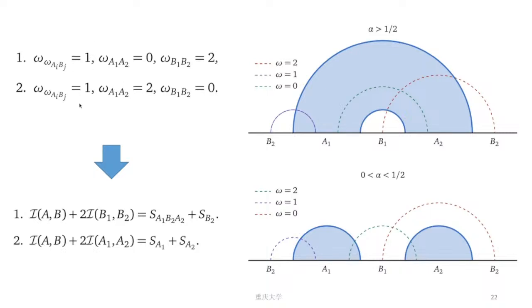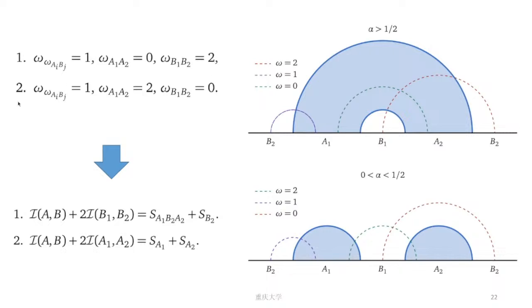So you take them to be 1. And the A1, A2 and B1, B2 threads have a minimum weight of 0. But you cannot find a homologous surface that gives omega A1, A2 and omega B1, B2 both equal to 0 simultaneously. Only one of them can be 0. So you have these two possible choices.